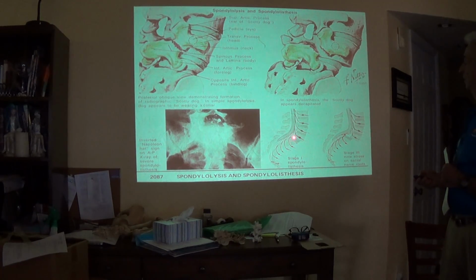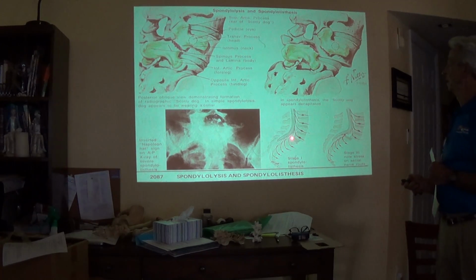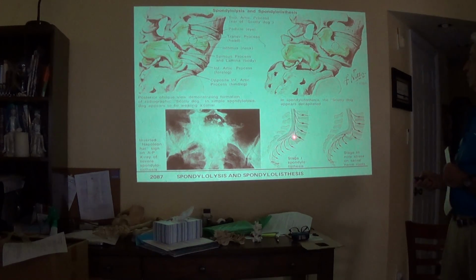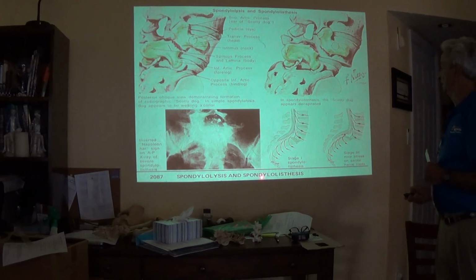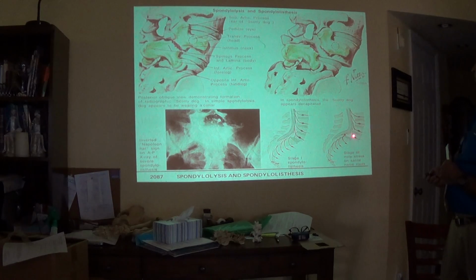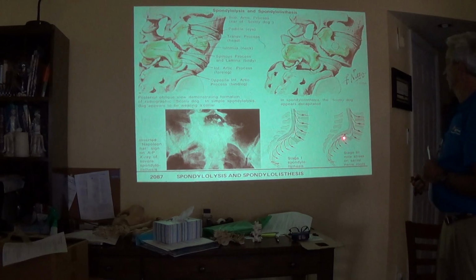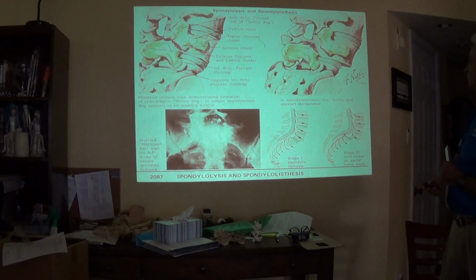This particular one being about a 25% grade 1 or stage 1 spondylolisthesis, and then this one is almost off the end. It's a grade 3 spondylolisthesis, and usually when you get into this kind of situation, you get into a surgical fix, and I have seen those several times.